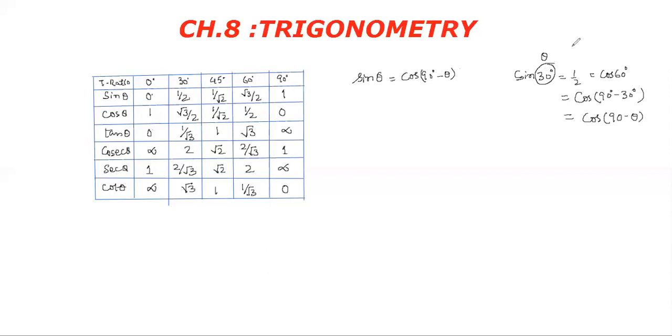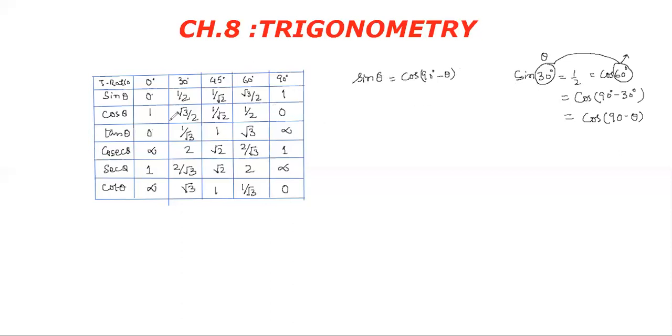So the two angles, 30 and 60, are complementary to each other. That means this 60 can be written as 90 minus 30. And if I assume 30 as theta, it can be written as cos 90 minus theta.